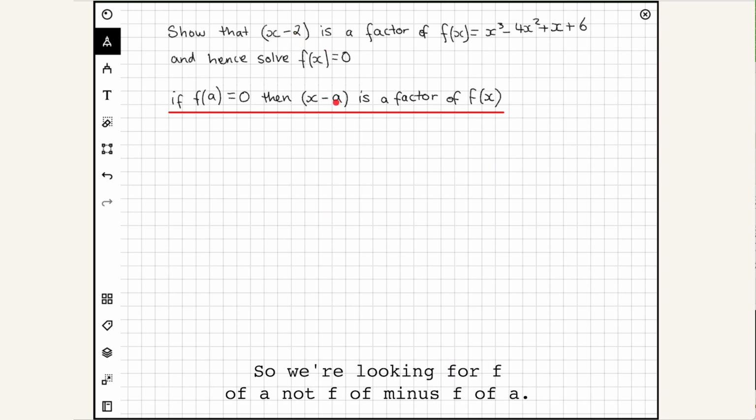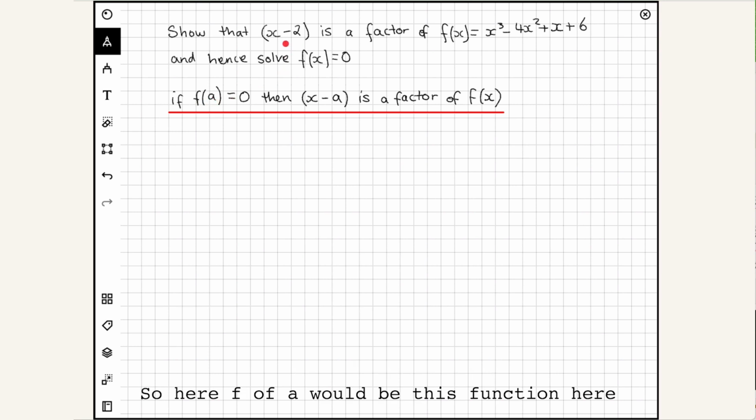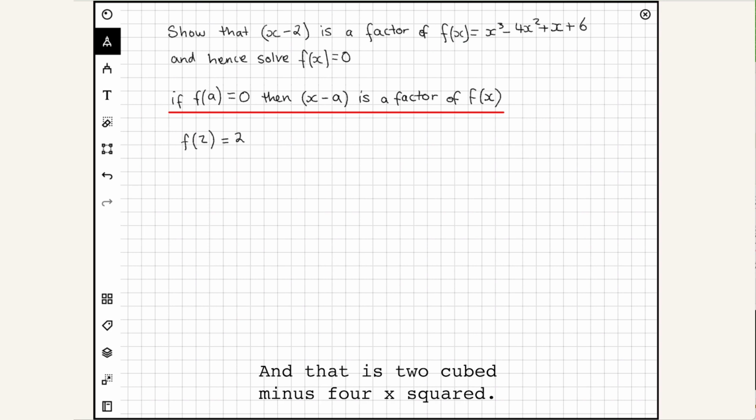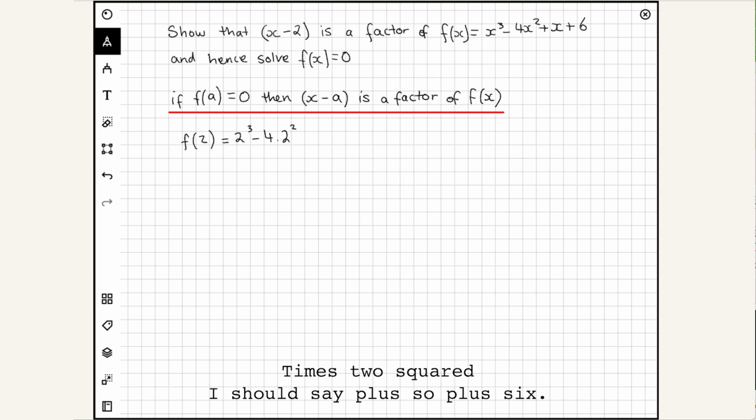So we're looking for f of a, not f of minus a. So here f of a would be f of 2, and that is 2 cubed minus 4 times 2 squared, plus 2 plus 6.